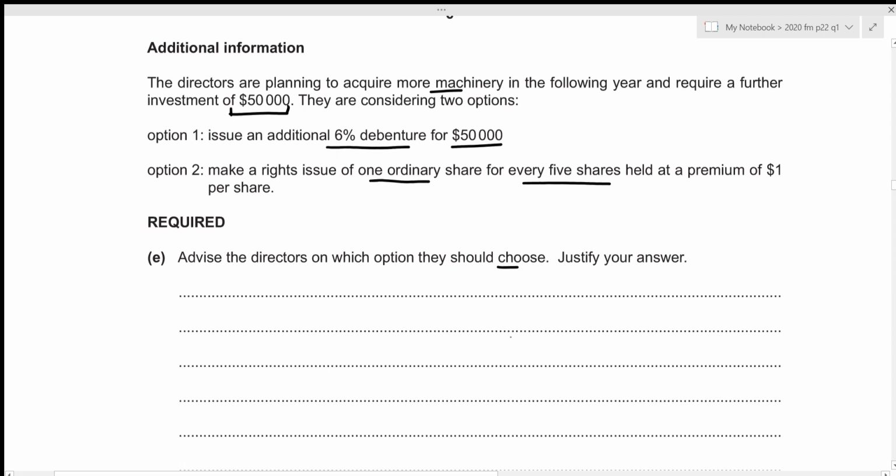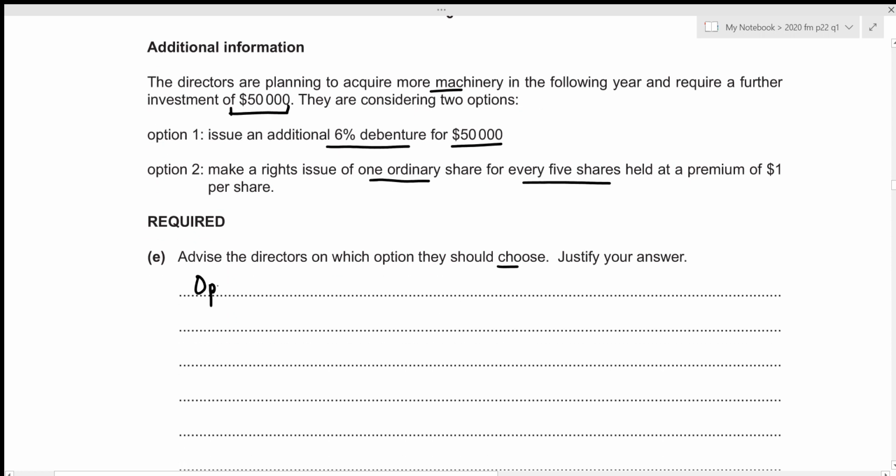Okay, let's talk about option 1 first. Option 1 deals with debentures, right? So debentures are the loan capital which is repayable in the future. Let's write it down. Loan capital which is repayable in the future.